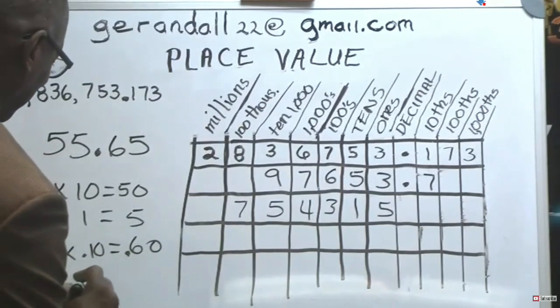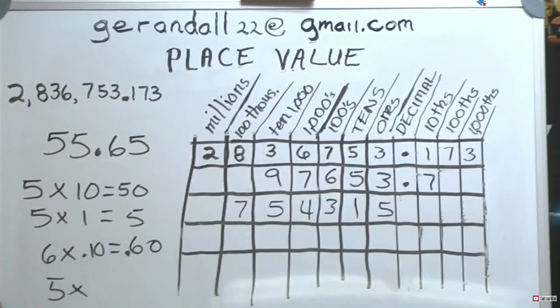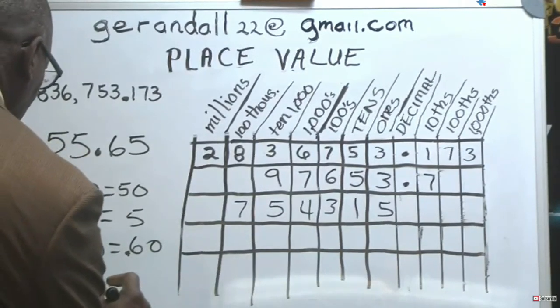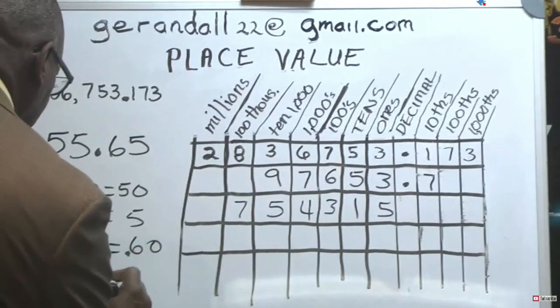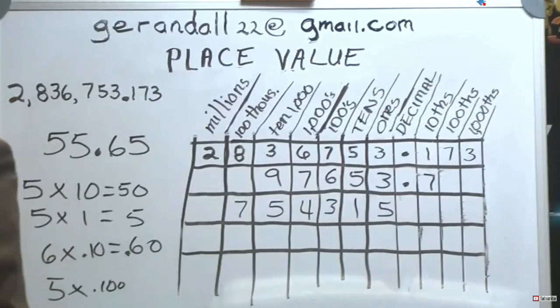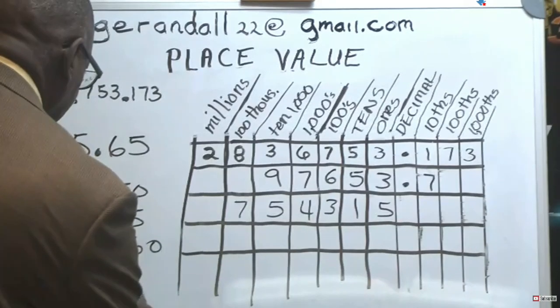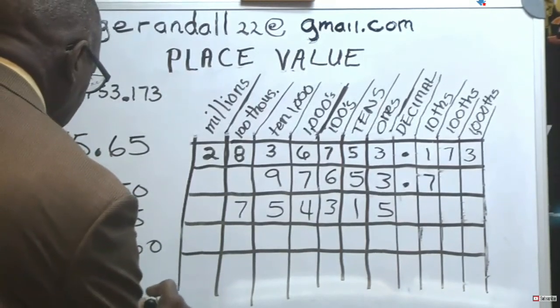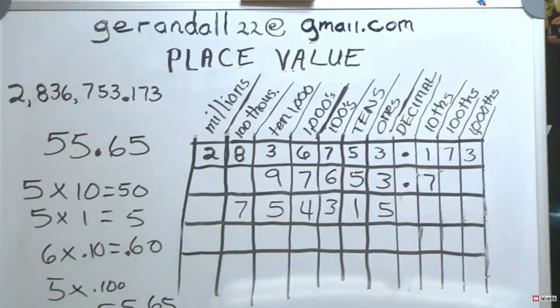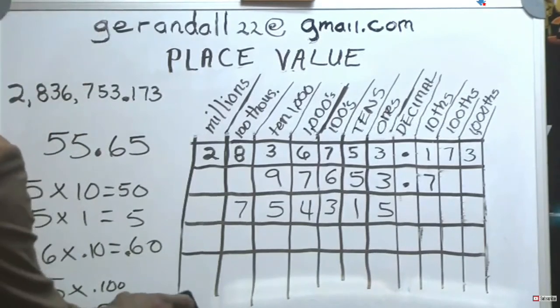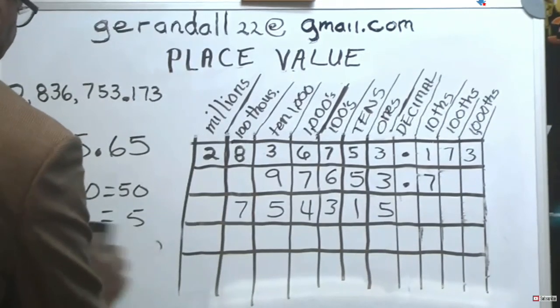And 5 times 100th. And when you add that, you get 55.65. Okay.